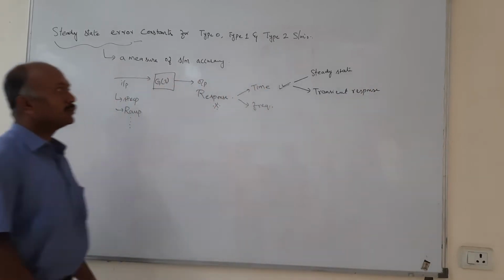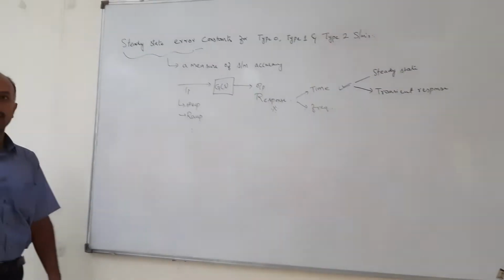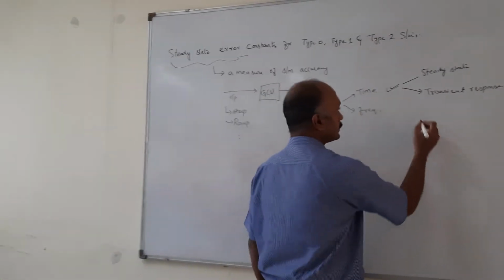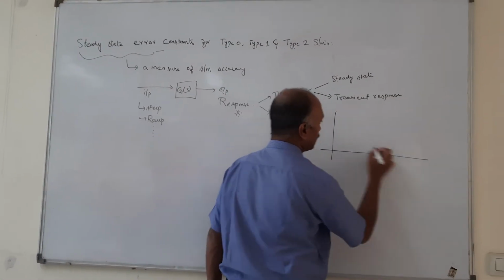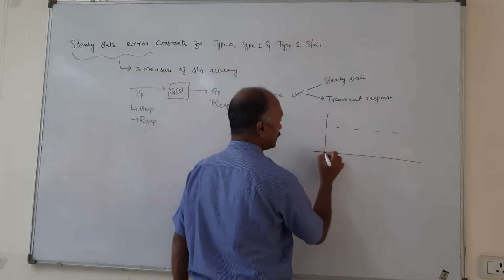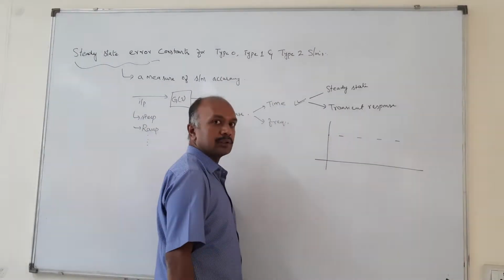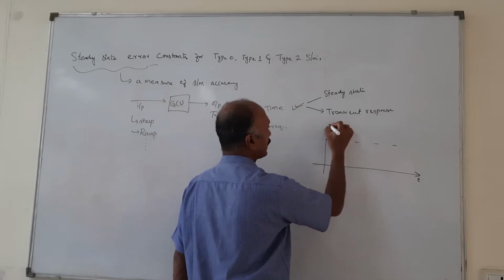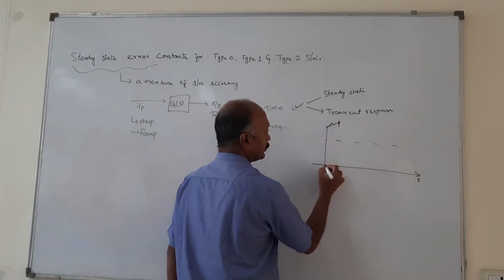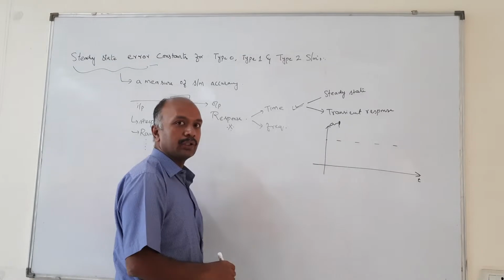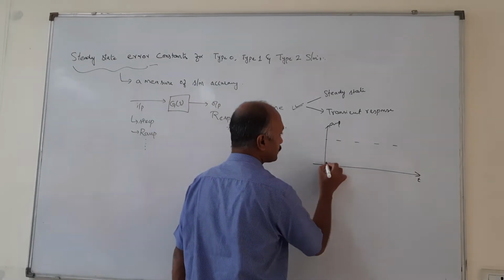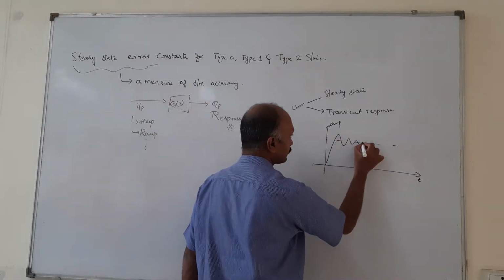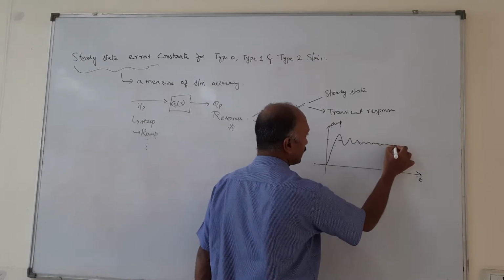So these are the two different kinds of responses. Now what is the steady state response? Consider the complete response here, for a given input: this is your time scale, this is your amplitude. Once there is a change in your system, your response will start oscillating, and then it will go to a steady state value.